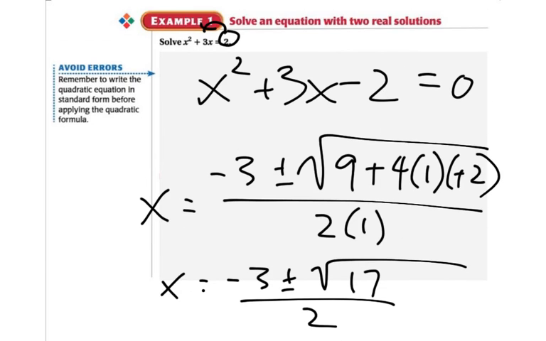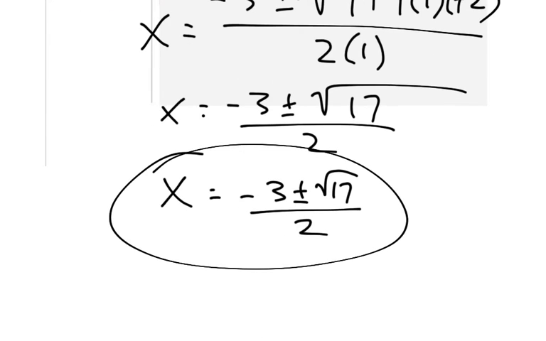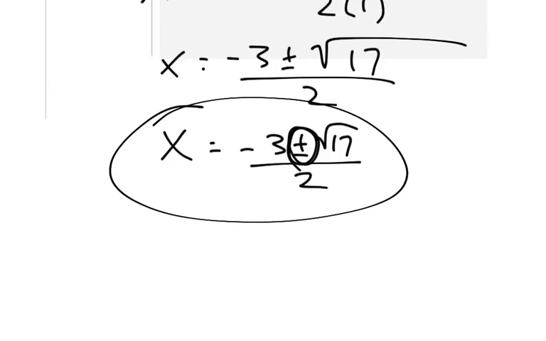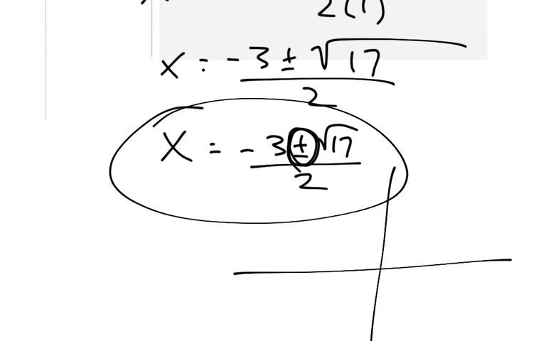So what that means is that these are the two x values. Again, there are two values here. These are the two x values that make the statement x squared plus 3x minus 2 equal to 0, which also means that they are the x-intercepts. And if you punch this into the calculator, you get 0.56 and also negative 3.56.